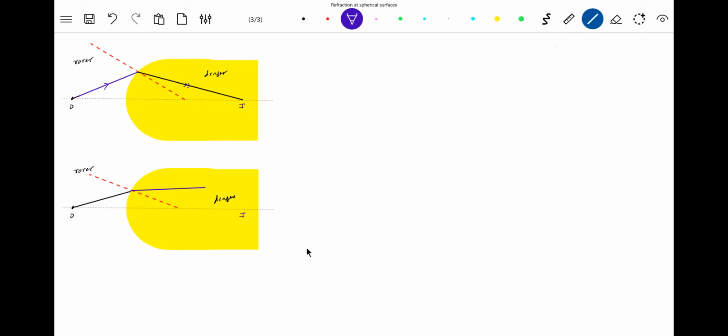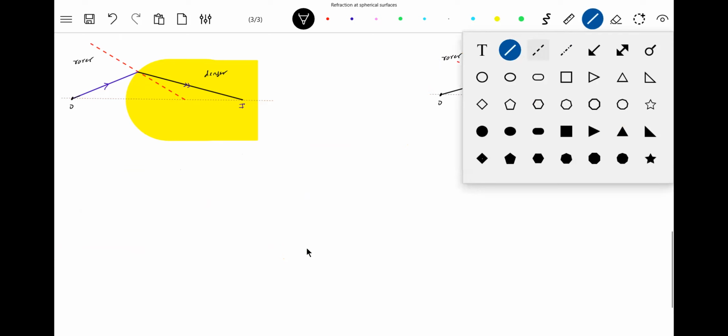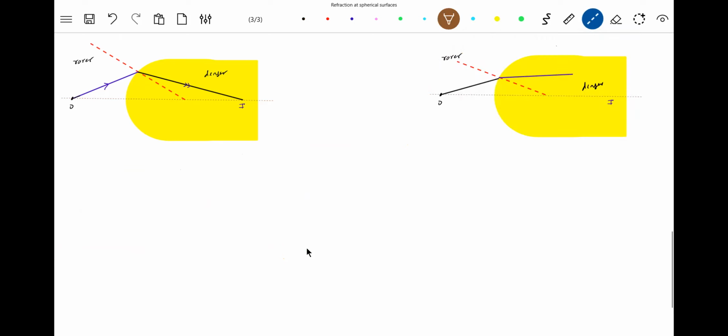Get that one? So where is the image? I think I'll bring it here. We'll extend this line backward. So look at the image formed. Here is the image.